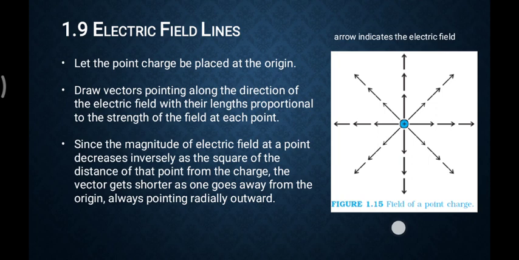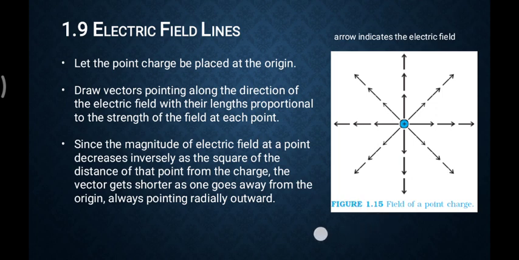What actually are electric field lines? They are a pictorial diagram or representation of the electric field with the help of lines, and that is named electric field lines. It is a vector pointing in the direction of the electric field.